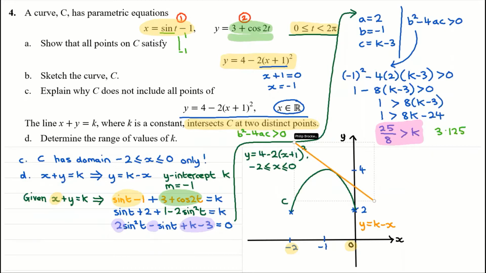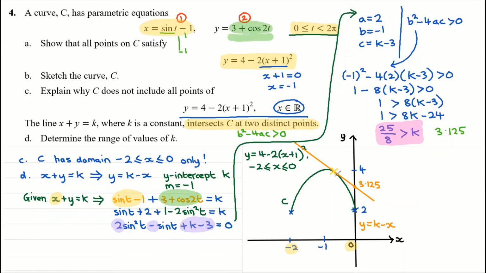And that means where this graph crosses the y-axis, about here, is at 3.125, which isn't a bad shout looking at the way I've drawn the graph. Now that would give you a tangent, a single point of contact on the curve right there, which is why it's a strictly less than situation.